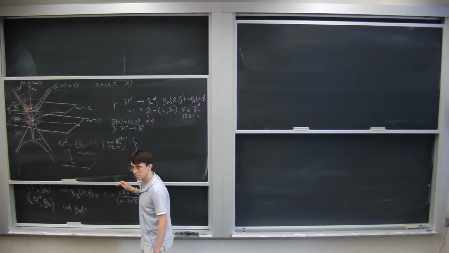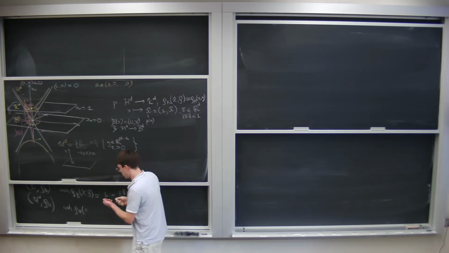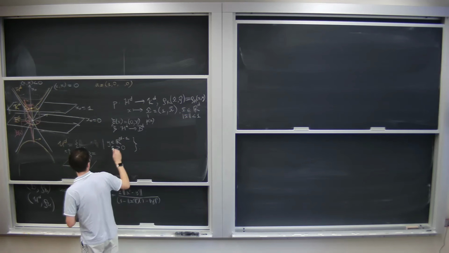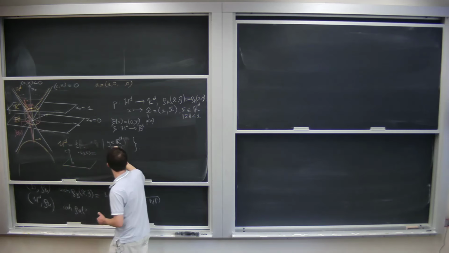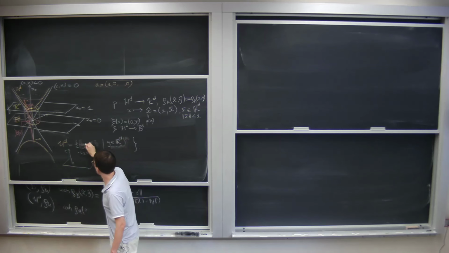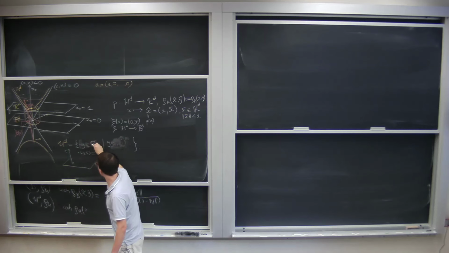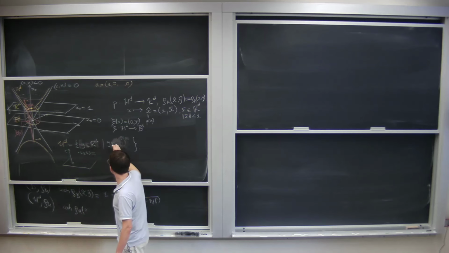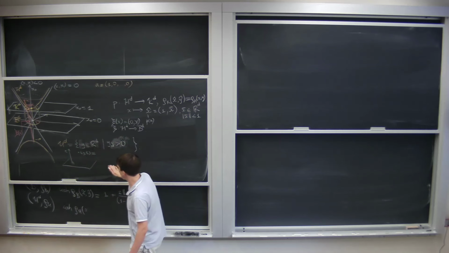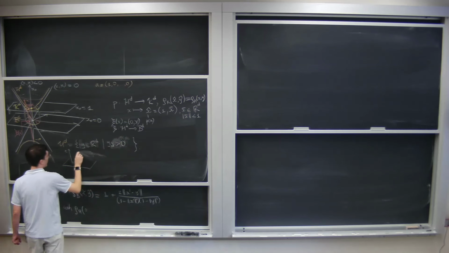Let me change the notation a little bit. So my Y, this will be just the points Y from R^d such that Y_d is positive. It should be shorter, yeah.